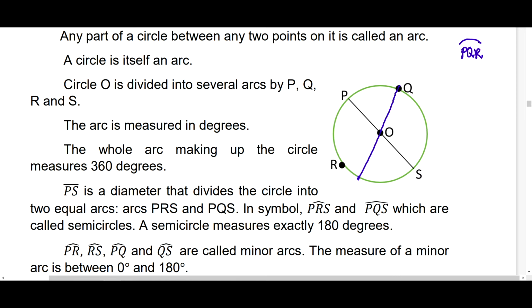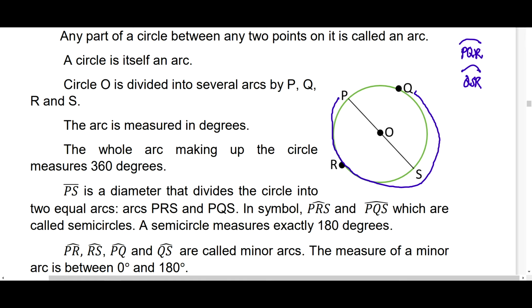Ito yung kalahati niya. So, major arc pa din si QSR. Pwede din si PRQ. Yan, major arc din. Iba si PQR kay PRQ.